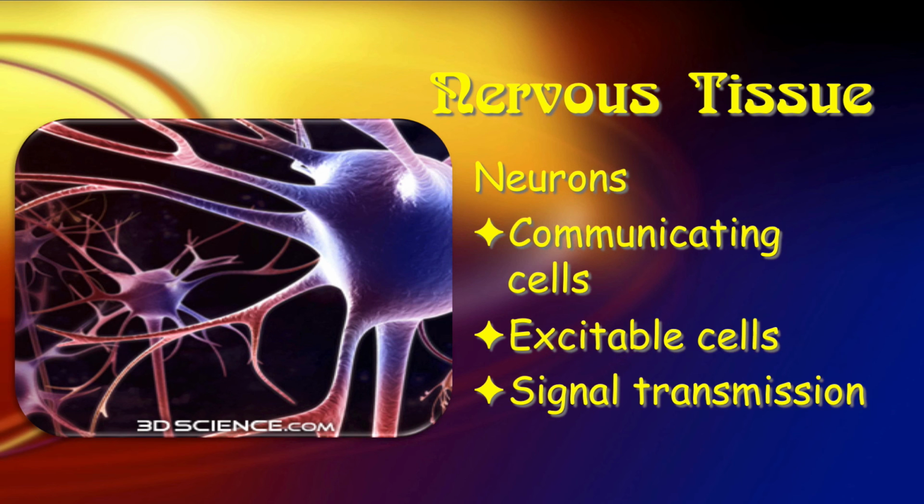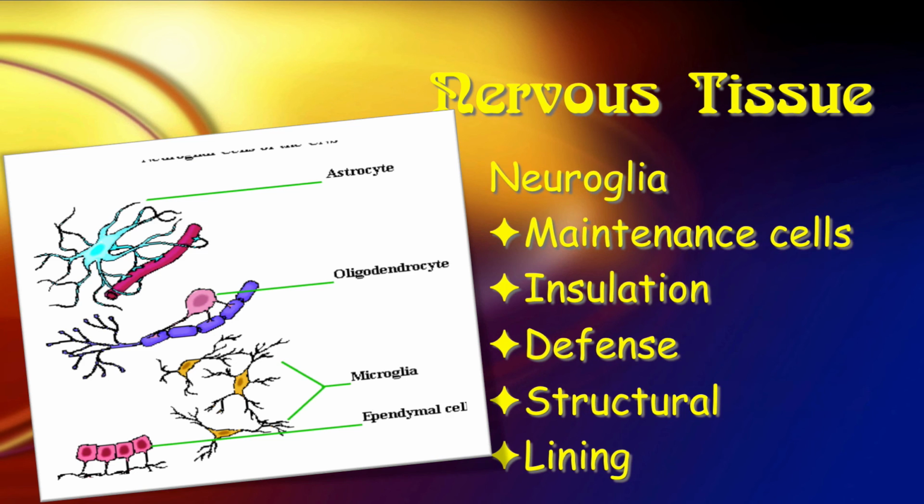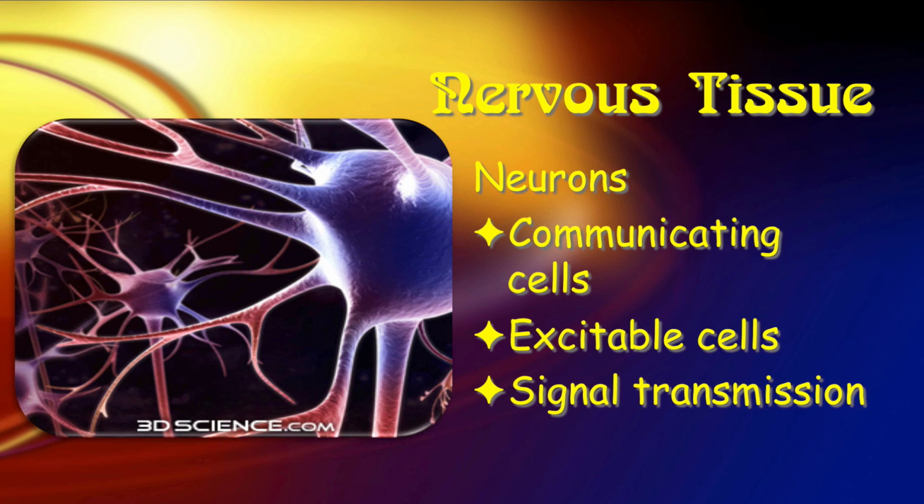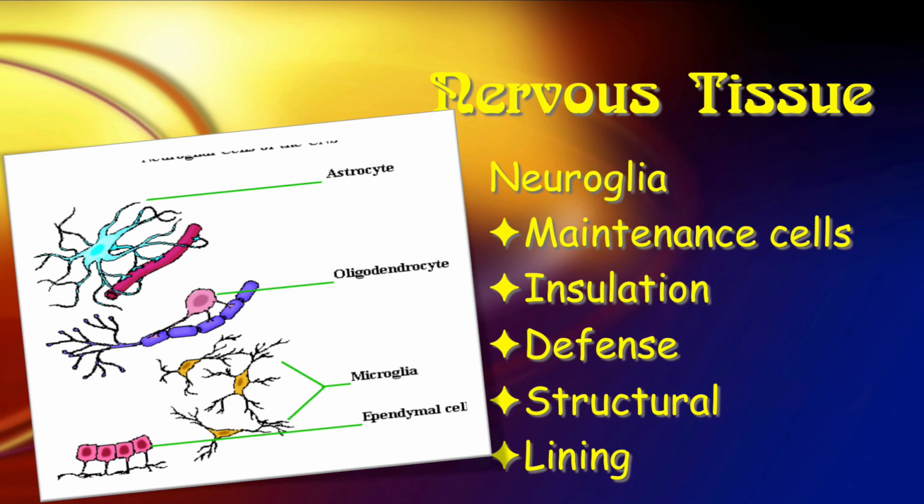They are highly adapted to these jobs, though, so we need a whole bunch of other cells to take care of the rest of the business. If you want to think about it this way, neurons are the divas, and they sing for their supper, and they need an entourage. The neuroglia, or glial cells, are our entourage, and they take care of basic housekeeping, maintaining the tissue.